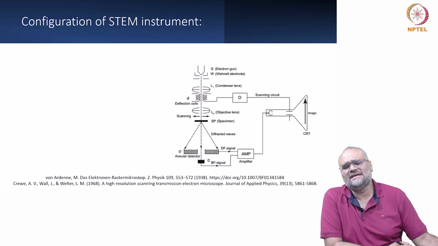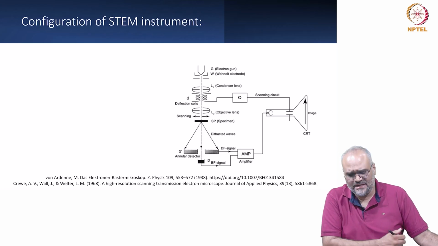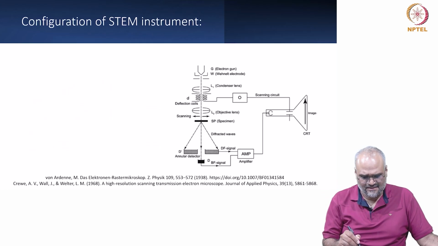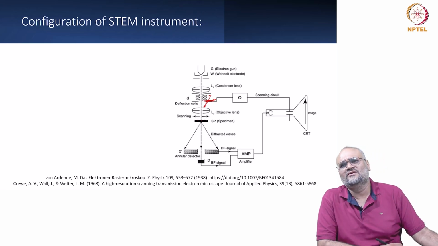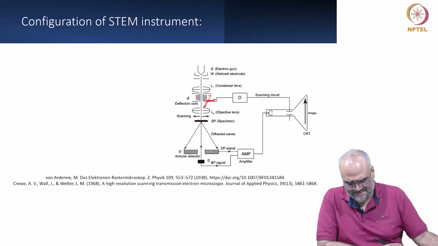You can use the dipole to deflect the beam, and you scan the beam in x and y directions to raster, and you can let it stay at different positions on the specimen, and you are simultaneously collecting the forward scattered electron signal.